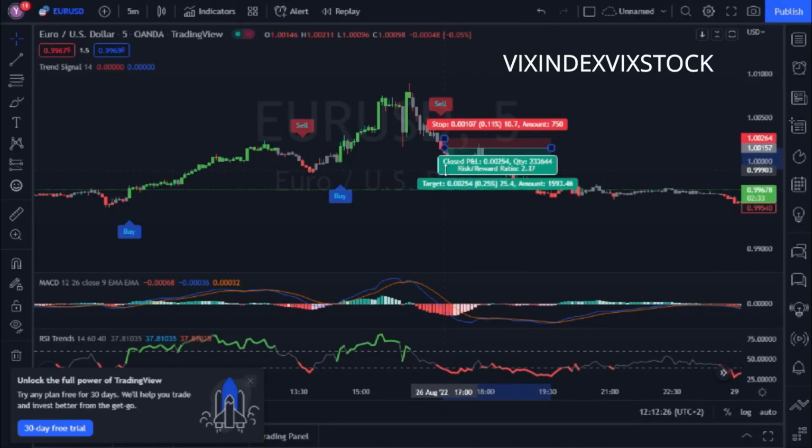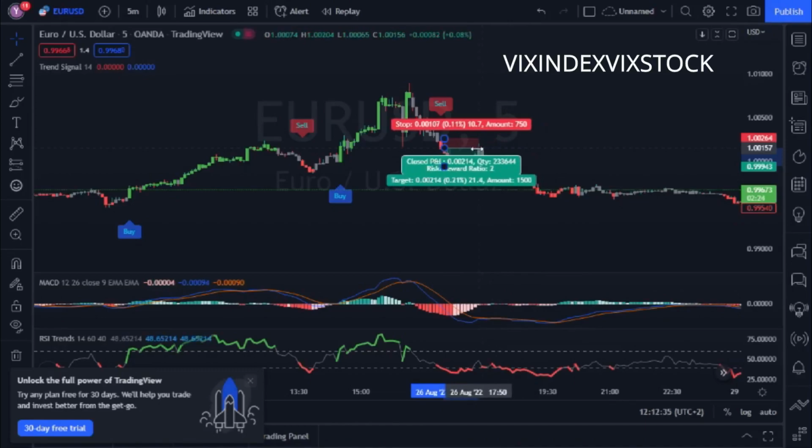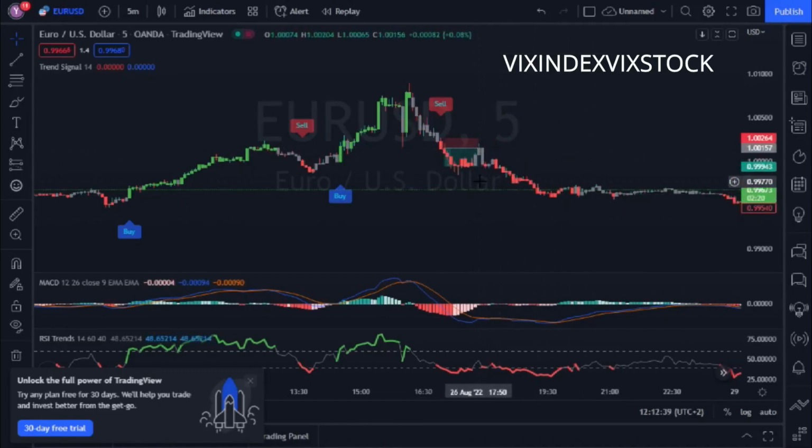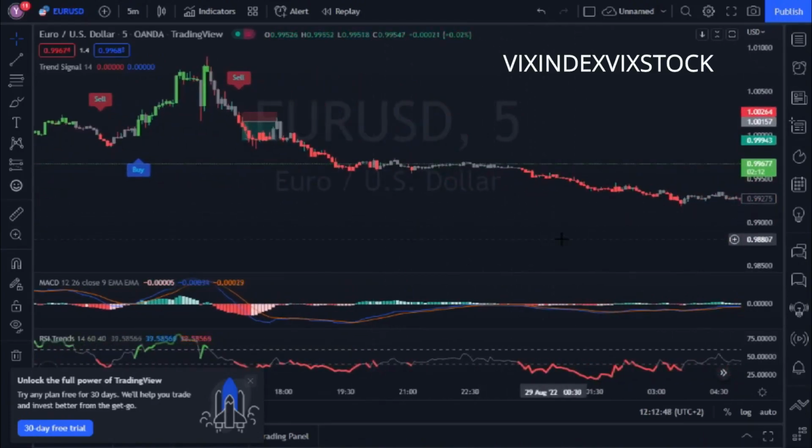Let's maybe put it at 1:2, somewhere there. So our take profit would have been hit with a risk to reward ratio of 1:2. Then we wait for another signal.